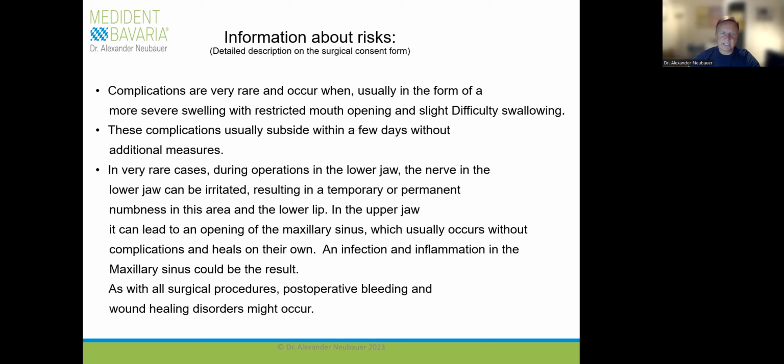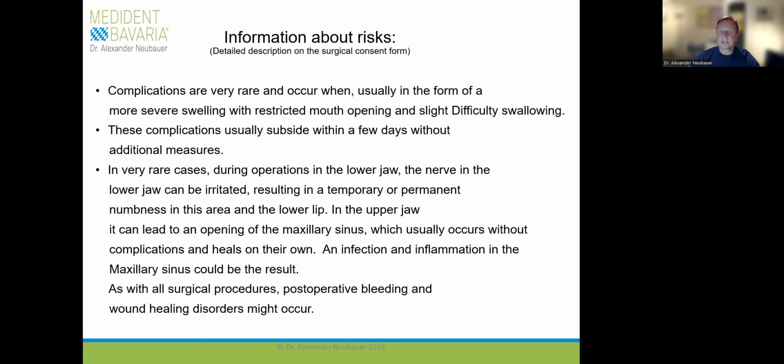In very rare cases, during operations in the lower jaw, the nerve in the lower jaw can be irritated, resulting in a temporary or permanent numbness in this area and the lower lip. In the upper jaw, it can lead to an opening of the maxillary sinus, which usually occurs without complication and heals on its own.